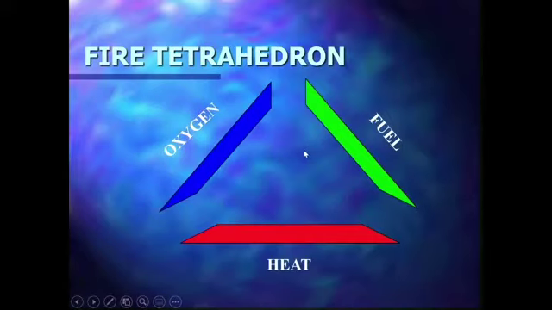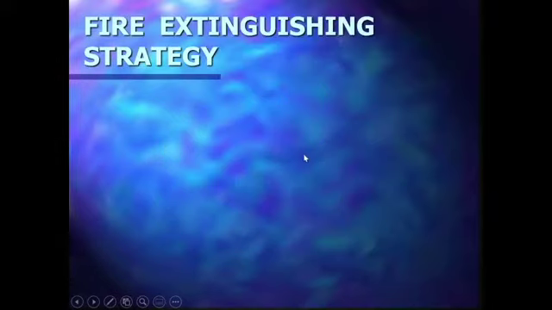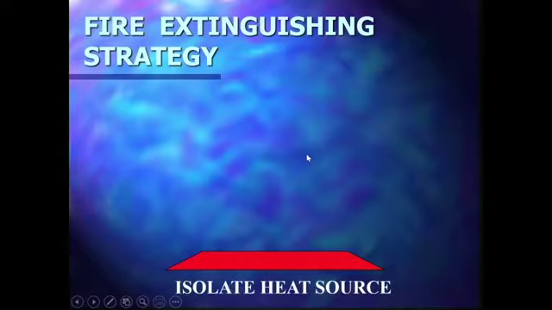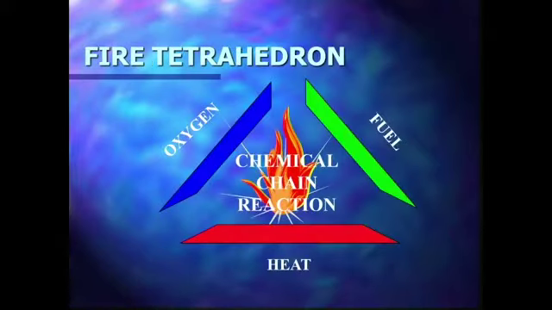Once we understand the fire triangle, we have what we call chemical chain reaction. The fire extinguishing strategy. This is very, very critical in understanding. Let us go back to the previous slide. The chemical chain reaction is something that happens spontaneous.